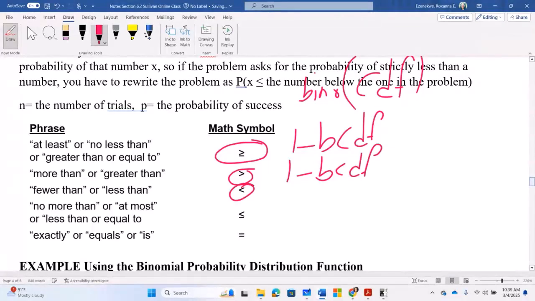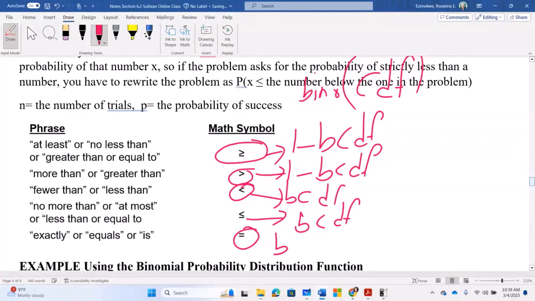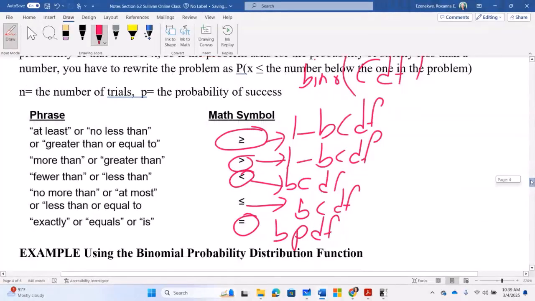If it is less than, then you do binomial CDF only, no 1 minus. If you are doing less than or equal to, you still do binomial CDF. And binomial CDF means cumulate to the left. Equal sign is binomial PDF. Exactly, we already said that. Whenever you see equal sign, it means binomial PDF.